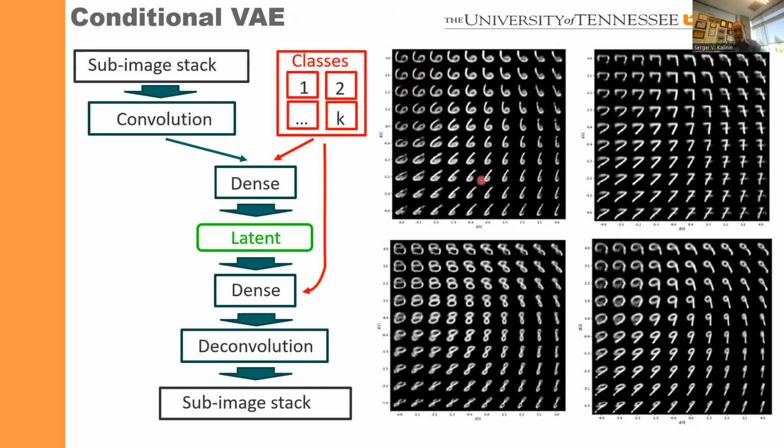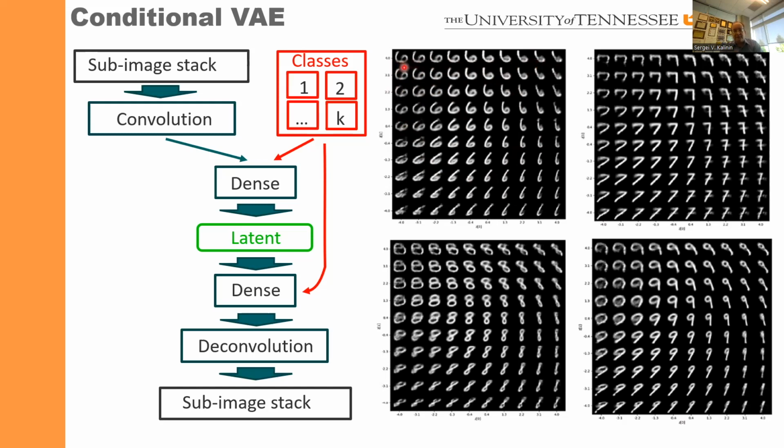So this is the example of the conditional autoencoder. We are jumping a little bit forward here, which basically shows that now we have a latent space for each variable. And you can see that within each latent space, there is an ordering of our characteristic traits.